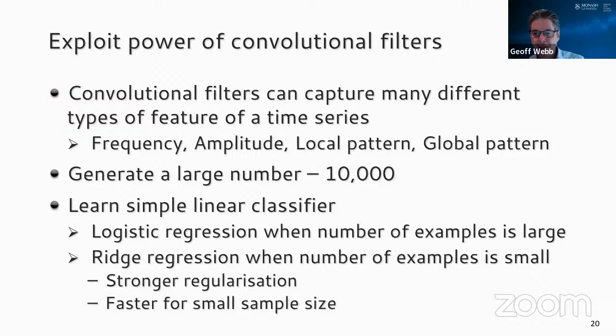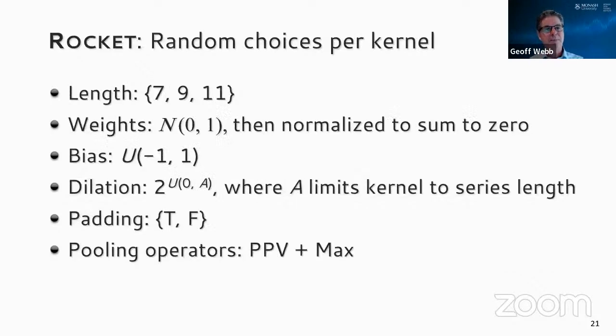One, it's much faster because it can do much of the process in closed form, but also it has much stronger regularization, which is very important when the training data are small. It means it can't overfit the data so easily.